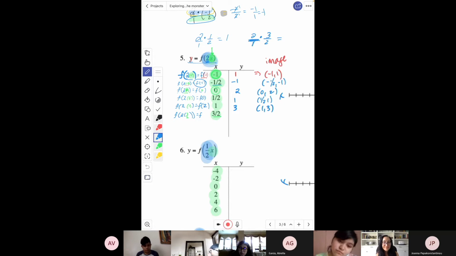Well, I'm multiplying the numerators. If I multiply the numerators, what am I going to get? 2 times 3 is 6, over 1 times 2, which is 2.